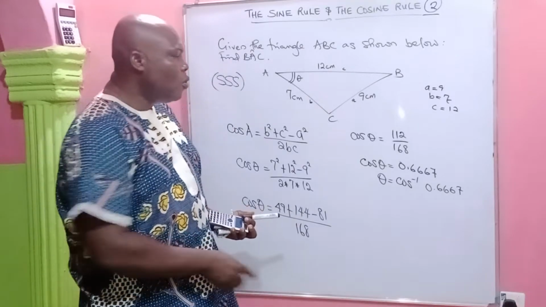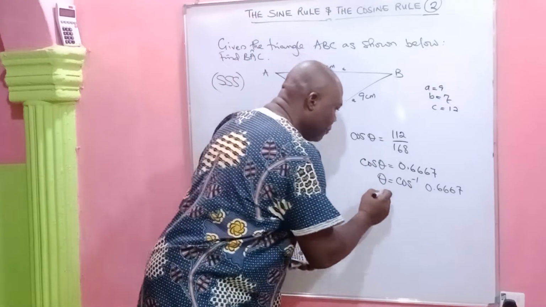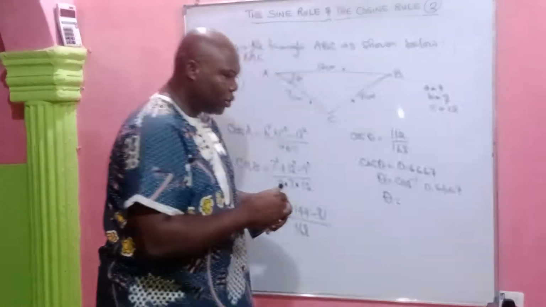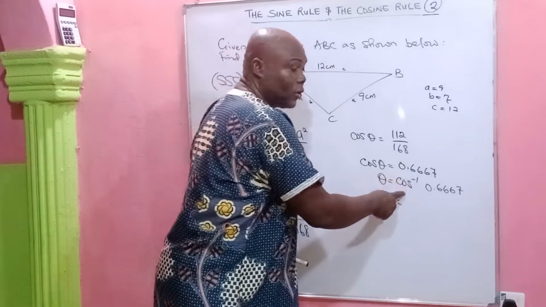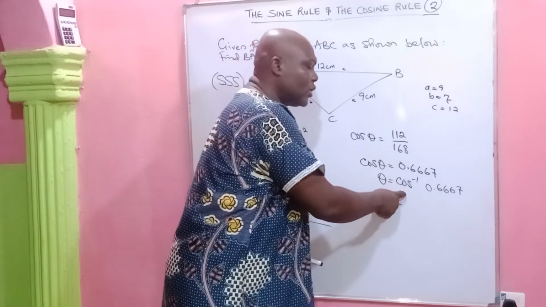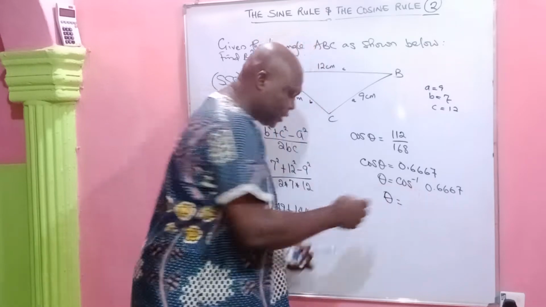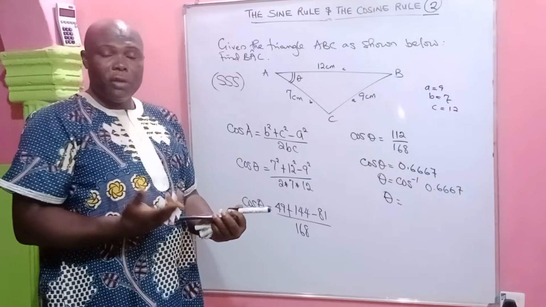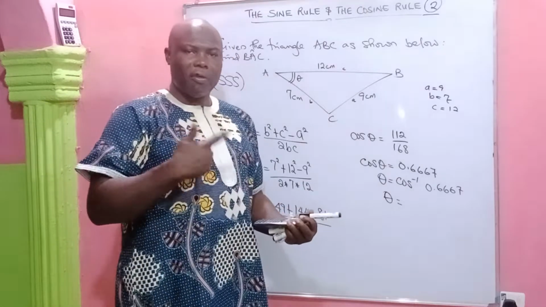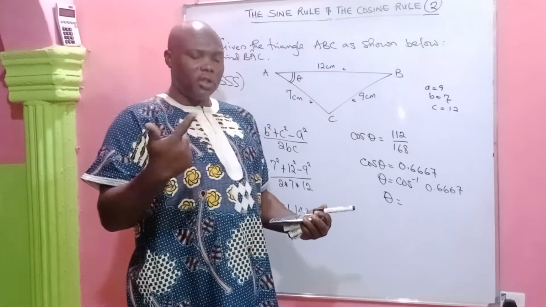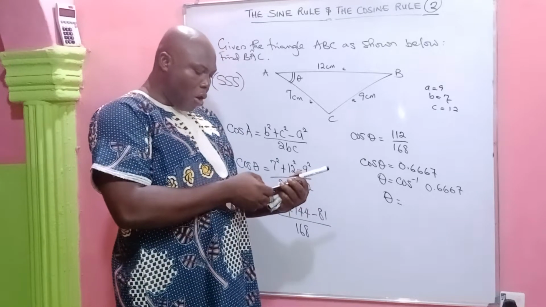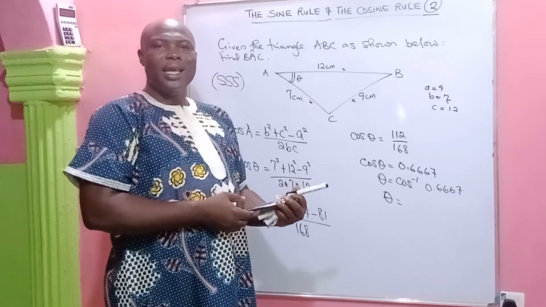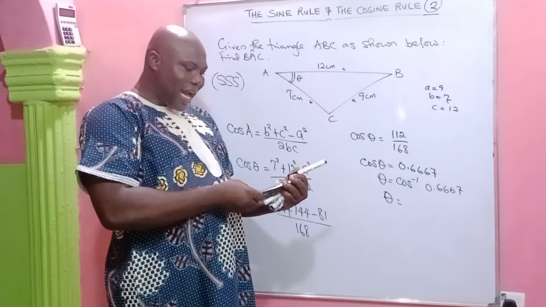All right, so if you want to find the value of theta, all you need to do is press second function cos. That will give you the inverse of cos of this number. Or if your calculator has shift, use shift cos. So shift cos will give you the inverse of cos of that answer.